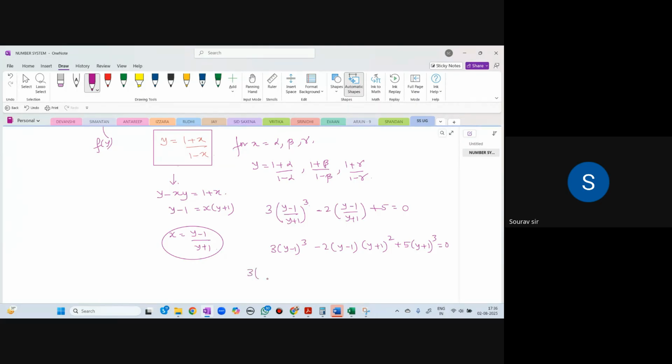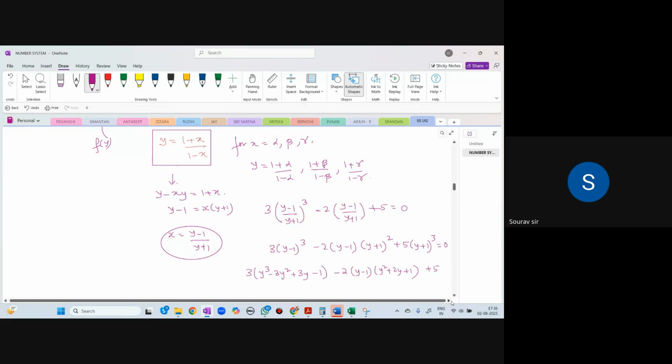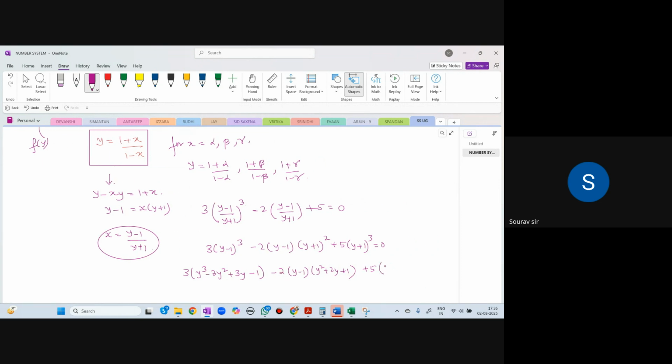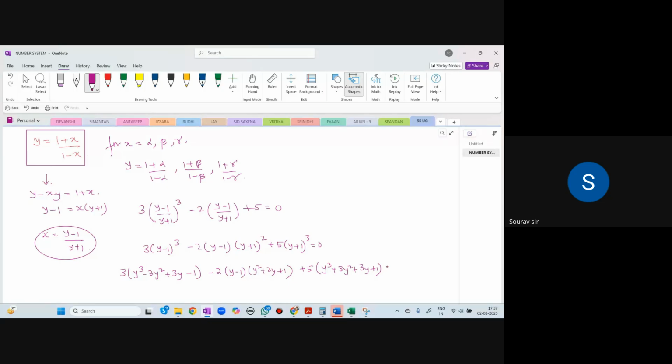So 3 into y cube minus 3y square plus 3y minus 1, minus 2 into (y minus 1) into (y square plus 2y plus 1), plus 5 into (y cube plus 3y square plus 3y plus 1) equal to 0.